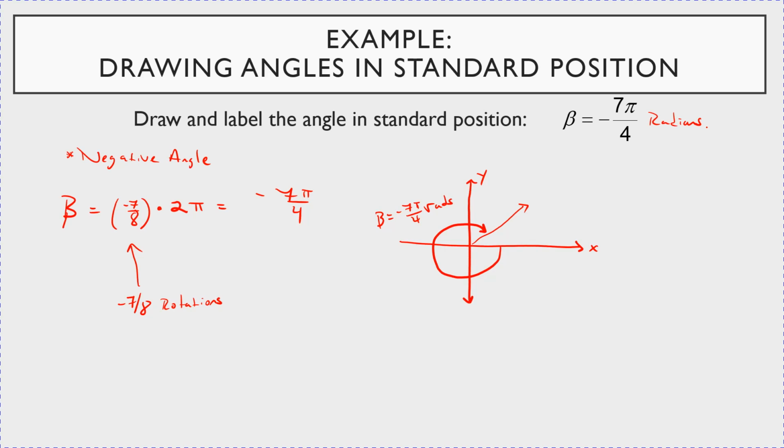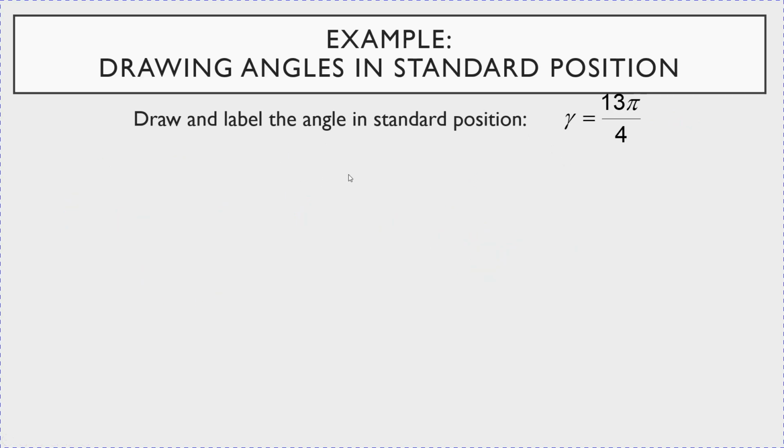All right, let's try the last one. I know it's confusing, so let's try another one. This one, 13 pi over 4. This is tricky. This is in radians. So I've got my angle gamma here.